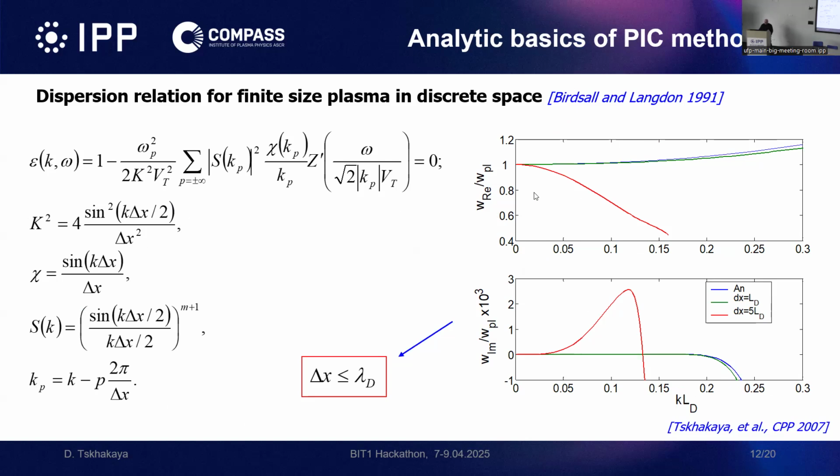You can find that if your delta X is of the order of lambda Debye, then you are very near the analytic solution. But when delta X is of the order of, let's say, 5 times lambda Debye, the real as well as the imaginary parts are absolutely different. So this shows that this condition can also be strictly obtained from analytic models.